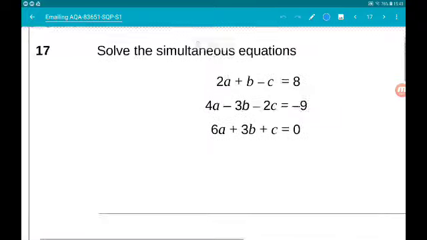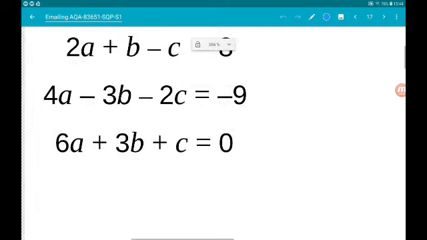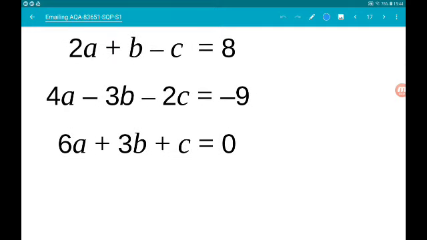So, I'm going to use equation 3 to get c on its own. So, to do that, we're going to take away 6a and 3b. So, c is minus 6a minus 3b.